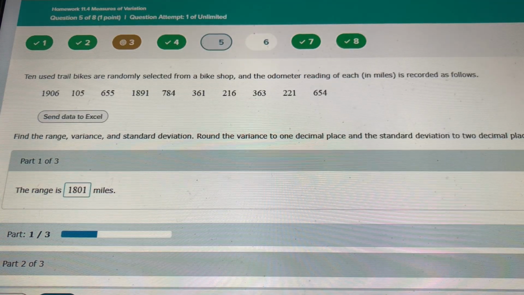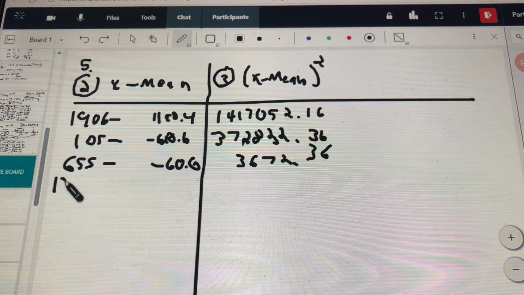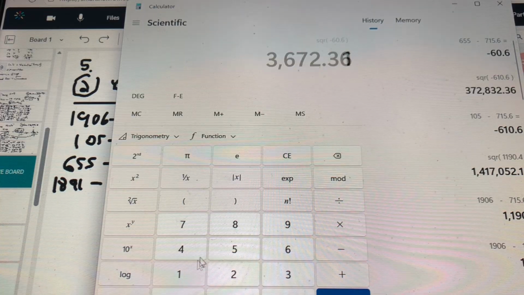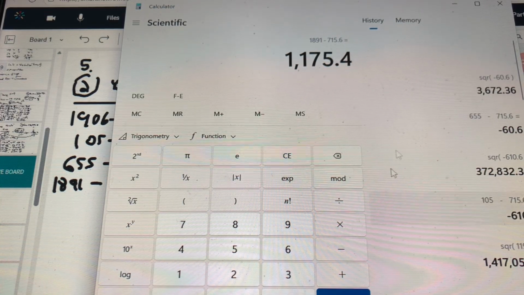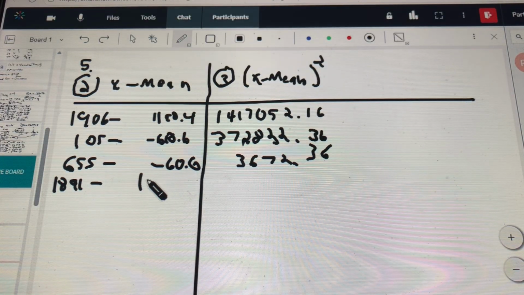Okay, 1891. 1891 minus memory recall is 1175.4.